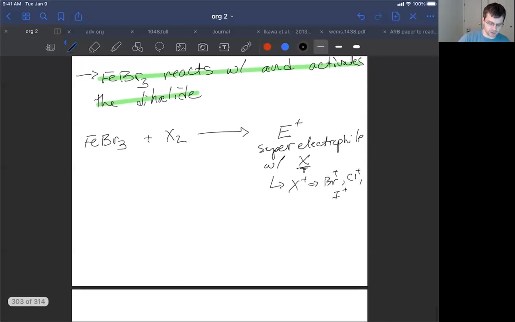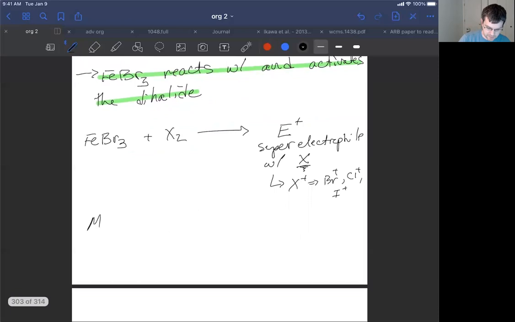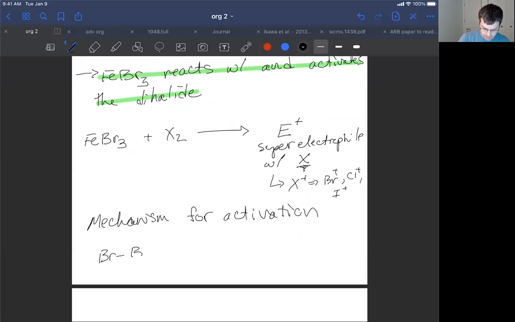Now here's what the arrows look like in terms of the mechanism. This would be the mechanism for activation. If we take Br2, for example, I'm going to draw it this way. Br2 has several lone pairs around the bromine atoms to consider. We'll just pick one. Now the Fe, I like to think about it as sort of like a group 3 element.